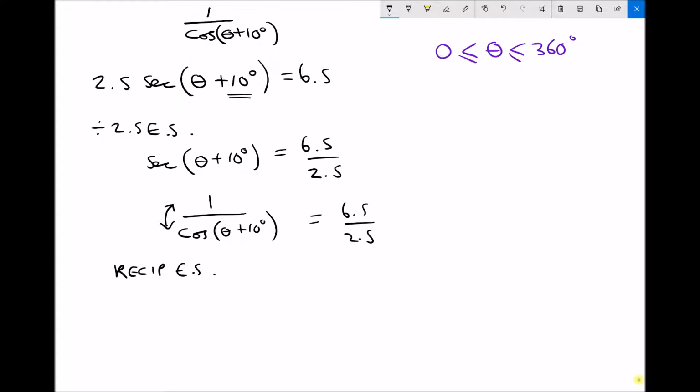Well, because we're dividing by 1, it's just going to be cos theta plus 10 degrees. And my right hand side is going to become 2.5 over 6.5. So now let's simplify that and we get cos theta plus 10 equals 2.5 over 6.5, which is 0.385.